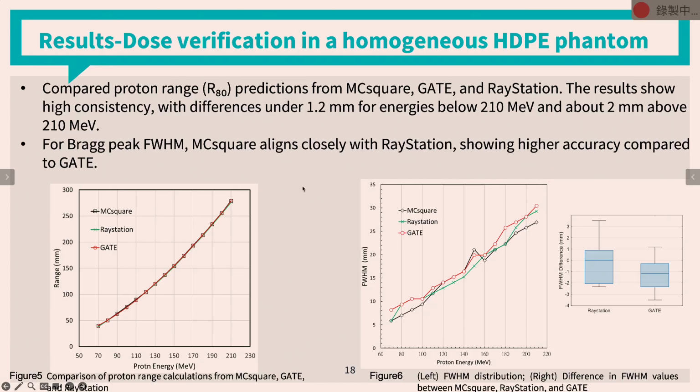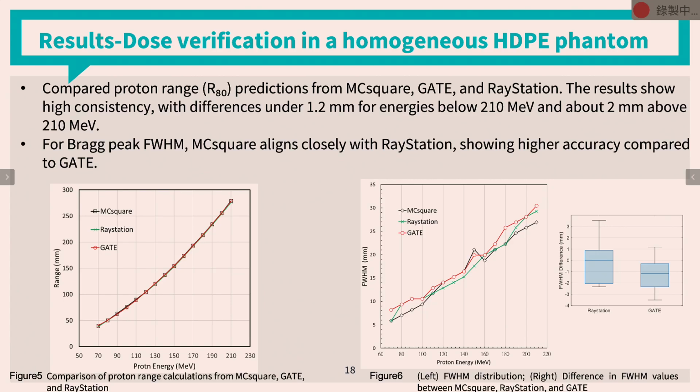All three software show high consistency, with range differences under 1.2 millimeter for energies below 210 MeV, and around 2 millimeter above 210 MeV. These small discrepancies are due to differences in energy calibration and calculation methods.